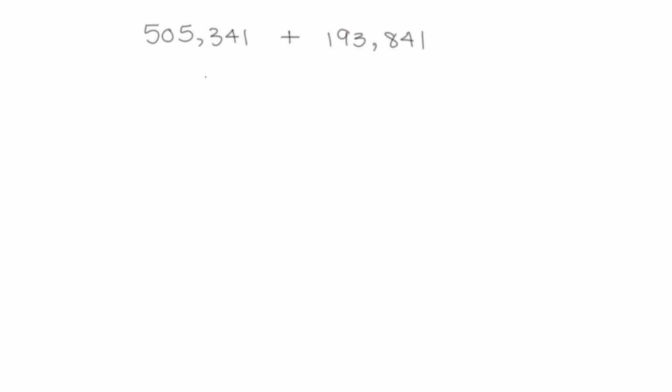So a good strategy is to estimate what the sum is. In other words, to find a number that's very close to the sum, even though it's not exactly the same. And we do that by doing what we've been practicing, which is rounding. So we're going to start by rounding each of these numbers to the nearest 100,000.